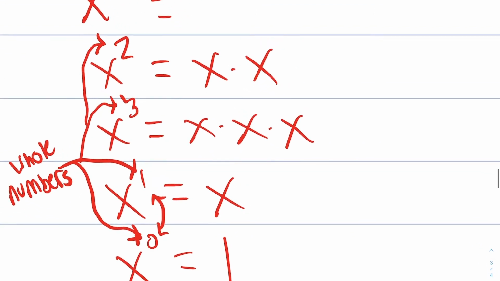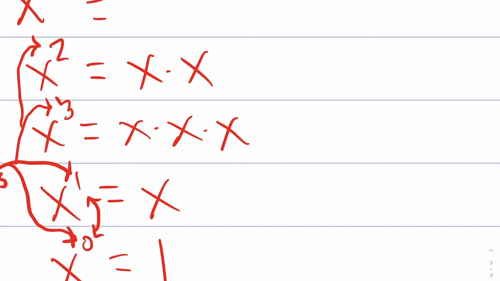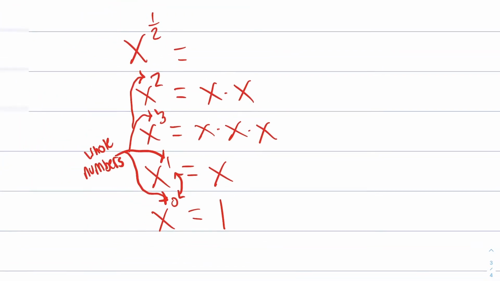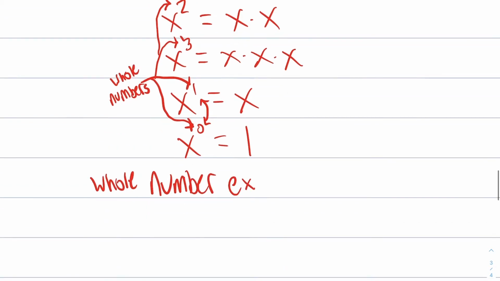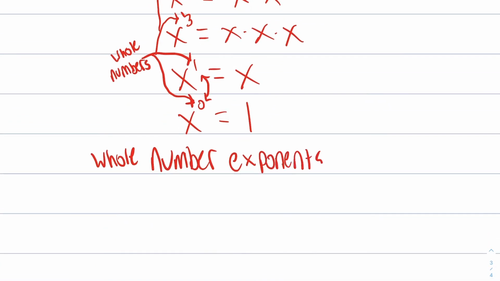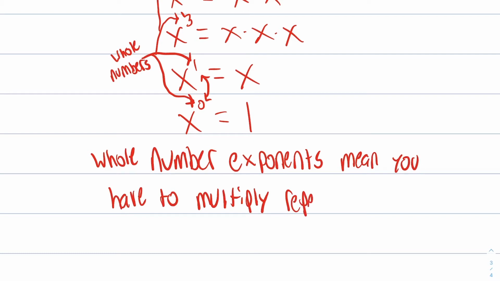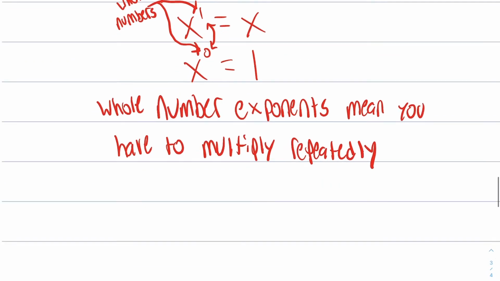And those whole numbers mean we are multiplying things, and normally we end up getting larger numbers. So whole number exponents mean you have to multiply repeatedly.